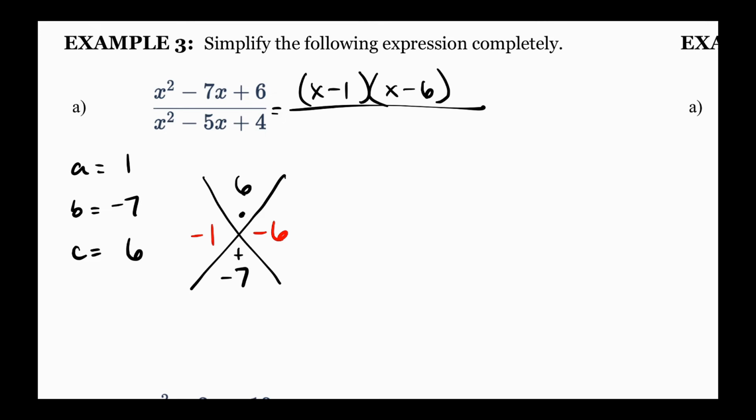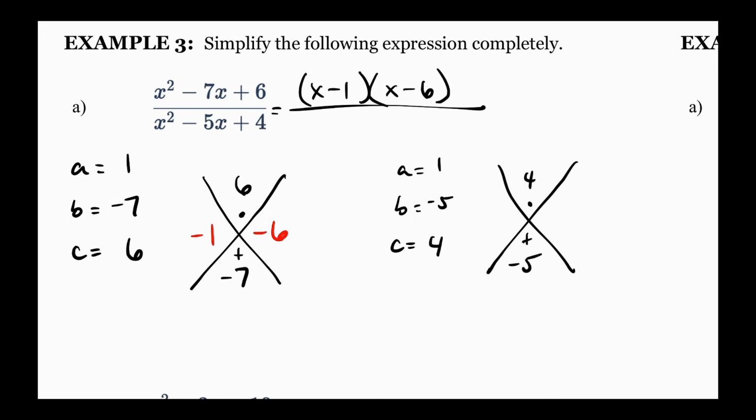Do the same thing to the bottom. Okay, what are the two numbers that multiply to be 4 and add to be -5? -1 and -4, right?